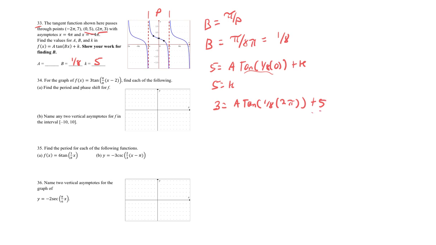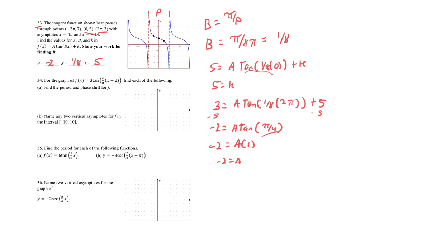So we can subtract off 5 from both sides, get negative 2 equals a tan, and then we can simplify this, 2 pi over 8, which is pi over 4. This is a special angle of tangent where it equals positive 1. So we get negative 2 is equal to our a.